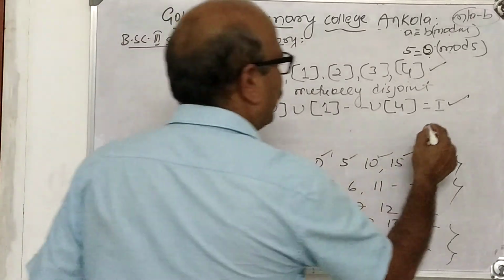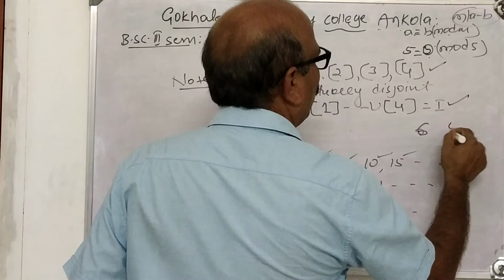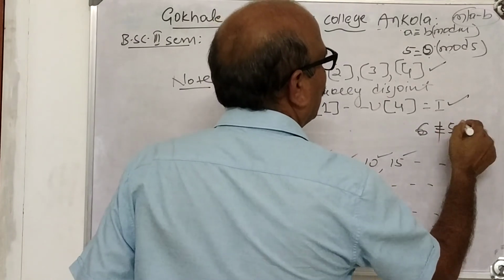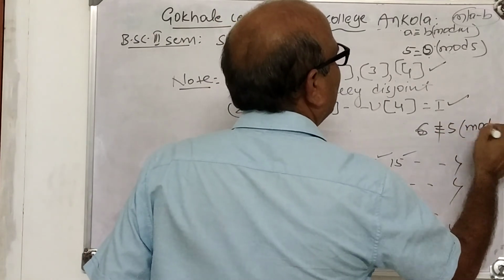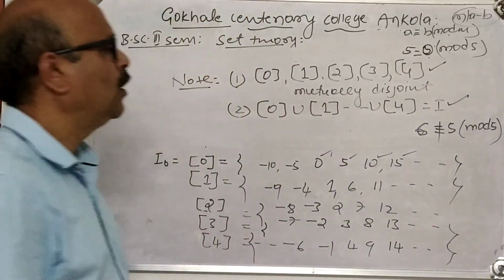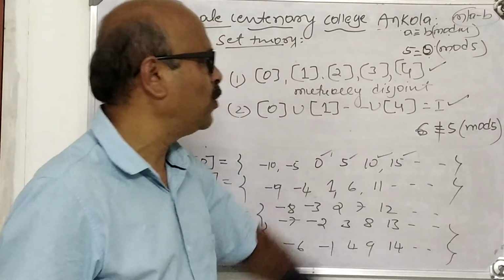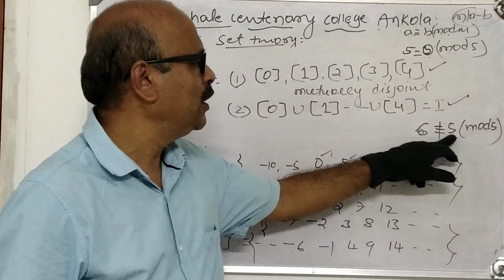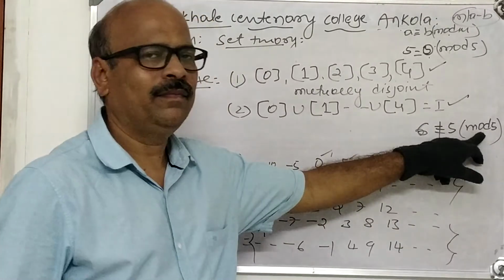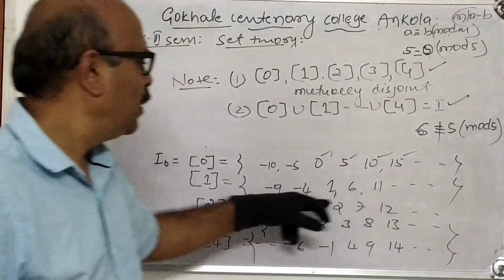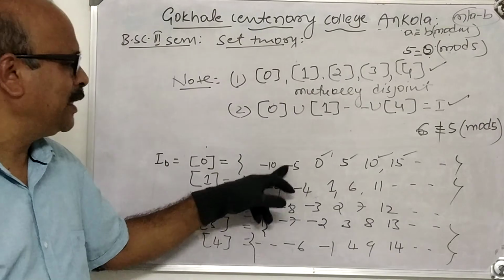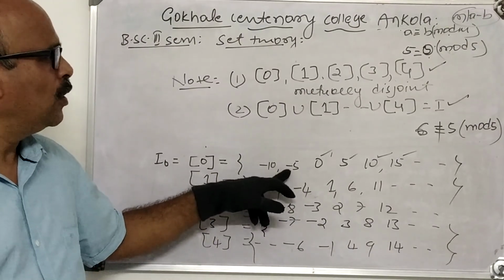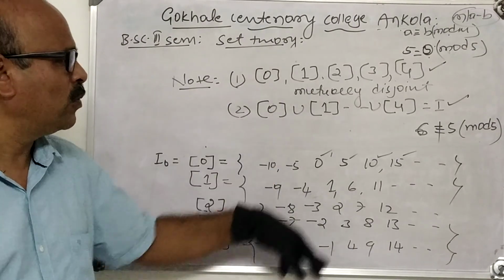Take 6 and 5. They do not have the relation congruent modulo 5. 6 is not congruent to 5 modulo 5. Therefore, elements in different sets are not related under congruent modulo 5.